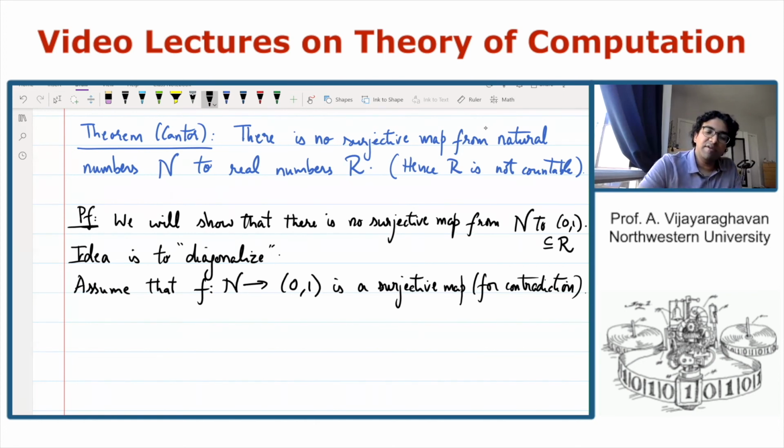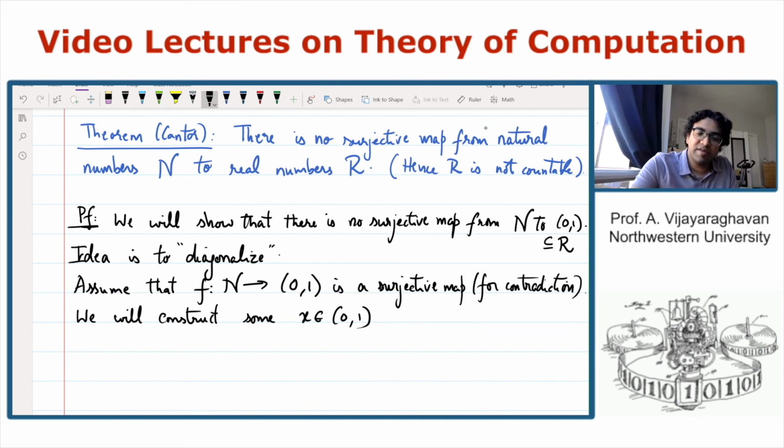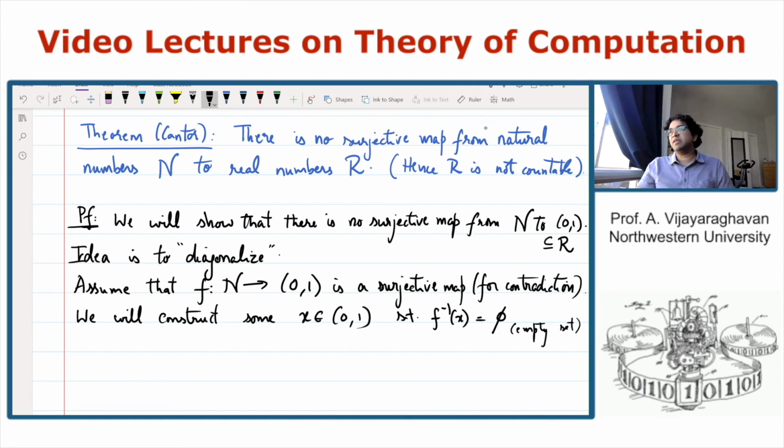What we will do is construct some special real number x such that there is no pre-image for f that maps to x. So f inverse of x is really just an empty set. There is no element which maps to x according to f, and this will contradict the fact that f is a surjection.